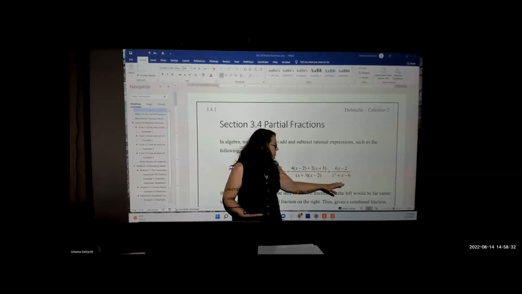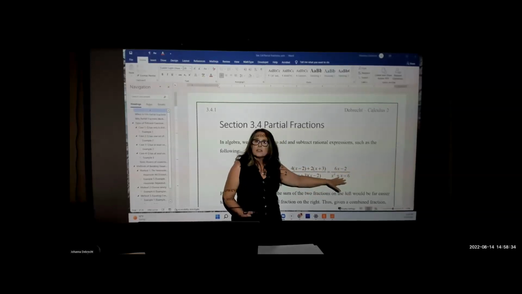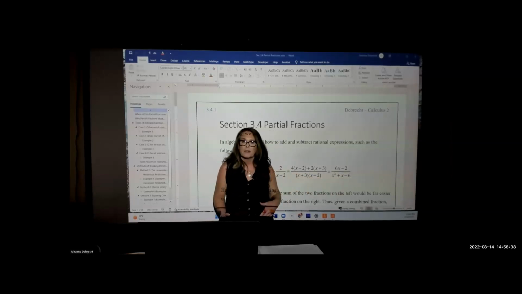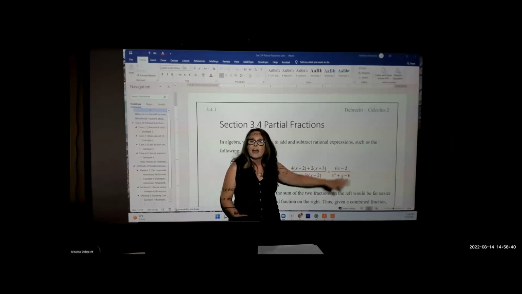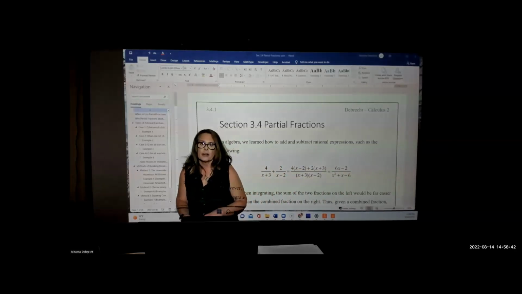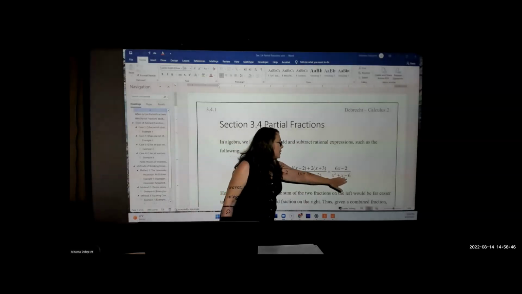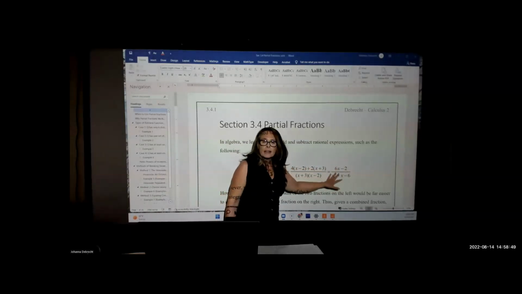This isn't u substitution because if I let u be the denominator, the du would be 2x plus 1, and I don't have that or a multiple of that in the numerator. So it would be difficult for me to integrate what I have right now on the right side.